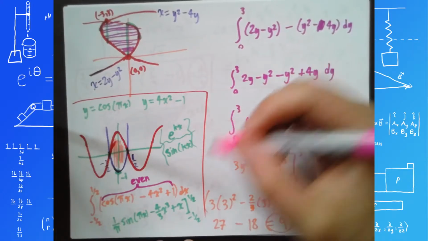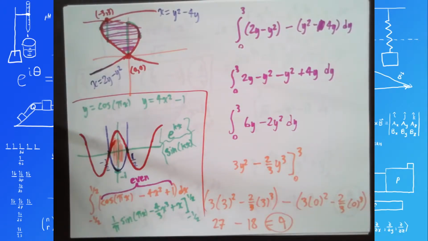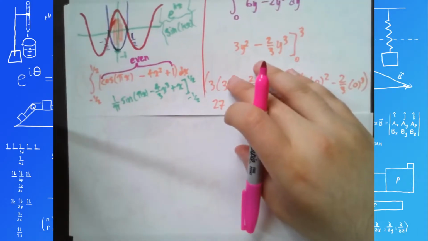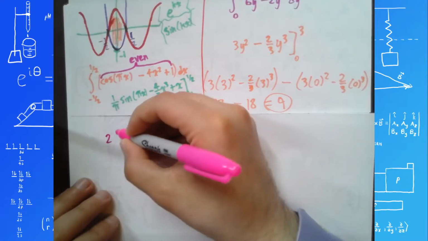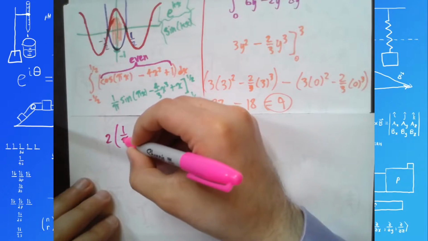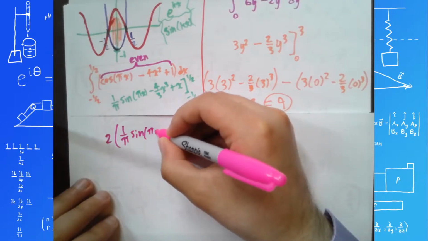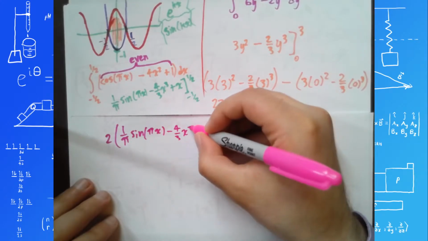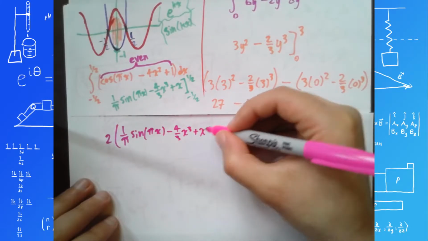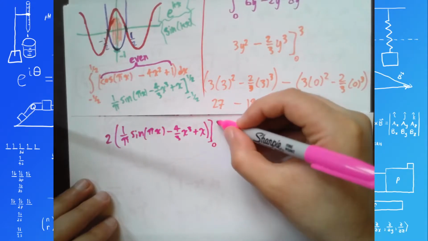So yeah, I'm going to rewrite this and say it's 2 times, where am I going to fit this? New sheet. So I'm going to say it's going to be equal to 2 times 1 over pi sine of pi x minus 4/3 x cubed plus x, evaluated from 0 to 1/2.